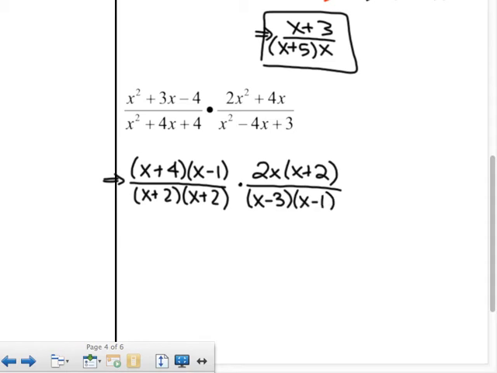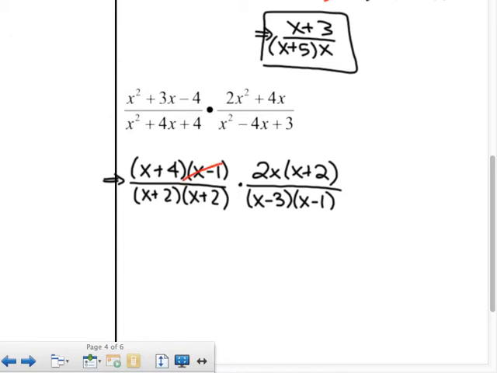Alright, so once you get it factored, we can start canceling. You can cancel out things if they are right on top of one another in the same rational expression, or you can also cancel out diagonally. Remember, we're multiplying here, so you can cancel if it's in the numerator and the denominator, if it's the same.